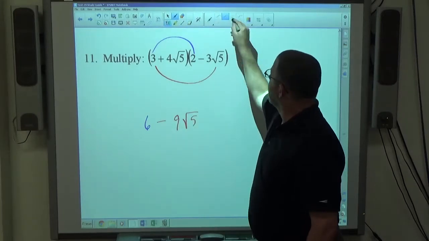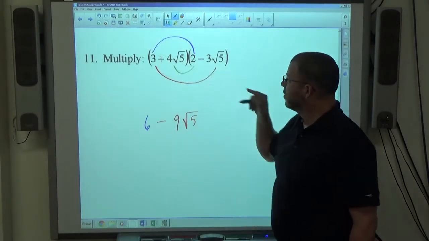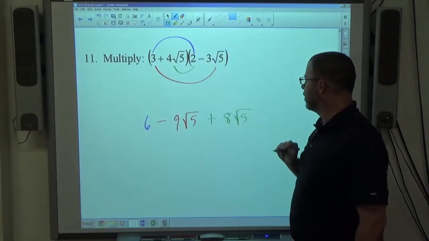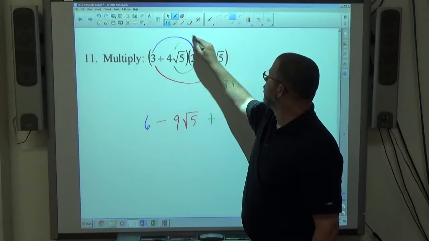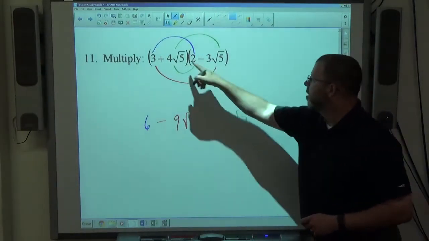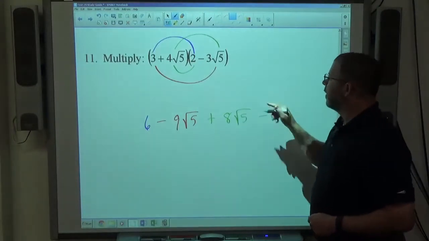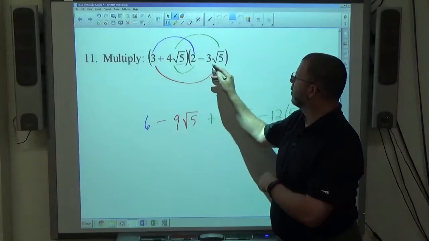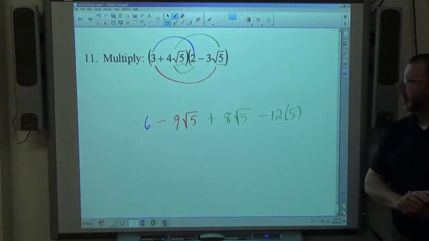Then 4 times the square root of 5 times 2, they're both positive, so you get a positive. 4 times 2 makes 8, then the square root of 5 just comes along. And then 4 square root of 5 times negative 3 square root of 5, positive times negative makes a negative. 4 times 3 makes 12, and the square root of 5 times itself makes 5. So when you multiply these two radicals, you get a whole number out.